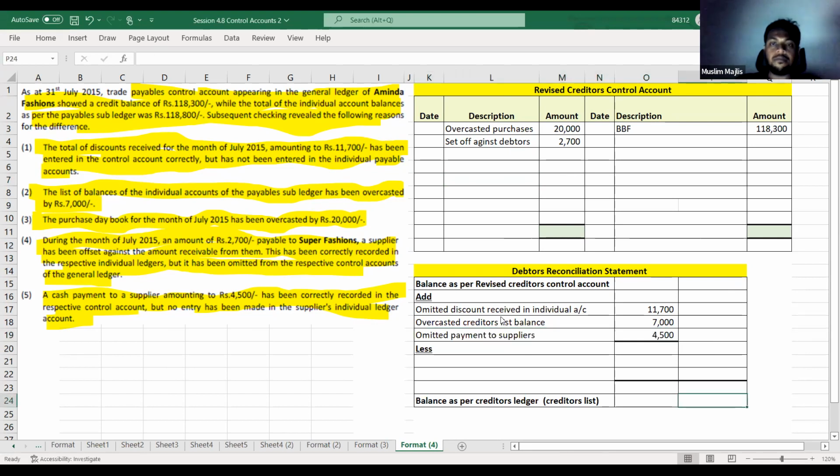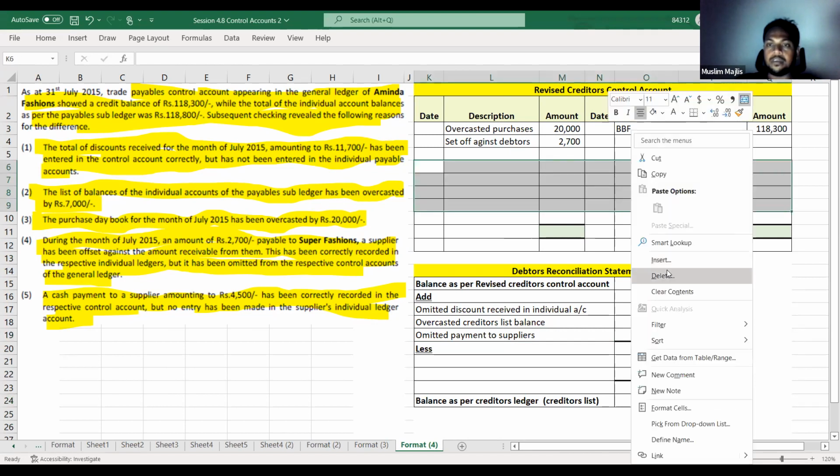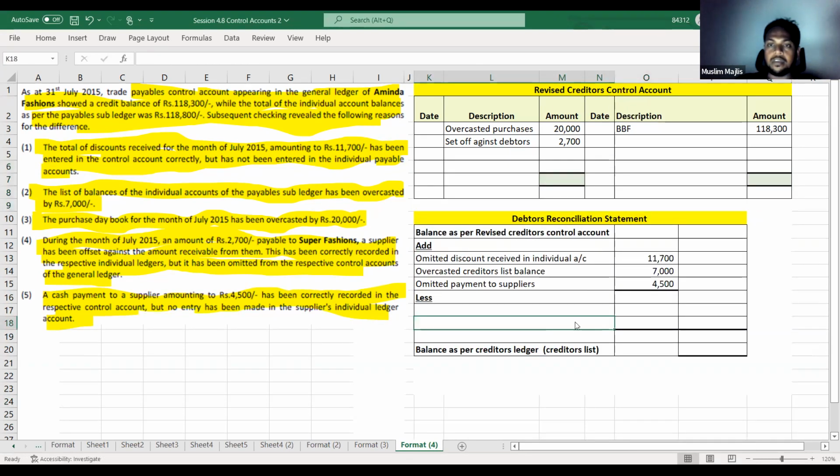And that's all. So we take the closing balance. Credit side is more. So $95,600.